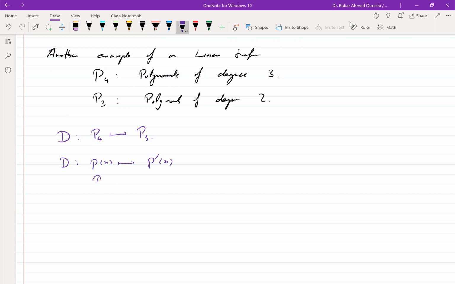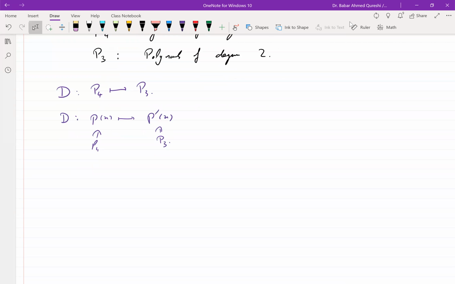So for any polynomial living in P4, you will get another polynomial living in P3. What's the basis in P4? In P4, I can take this, the standard basis. And in P3, I can take this basis.